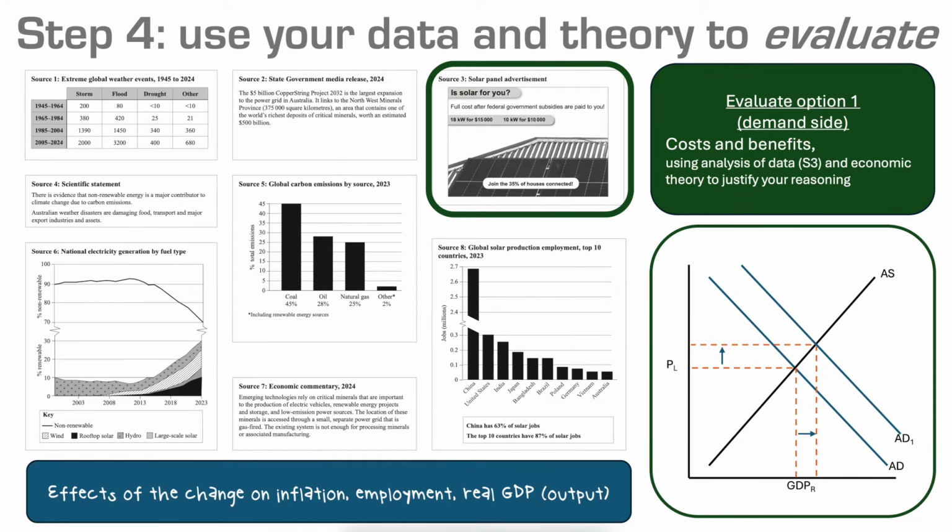And that's where you can start to link your understanding of the models to how these economic models and these theories flow into the real world, and then think about those effects on those major indicators of inflation, employment, and real GDP, understanding we're talking short-run change or cyclical change here from a demand side at this point.